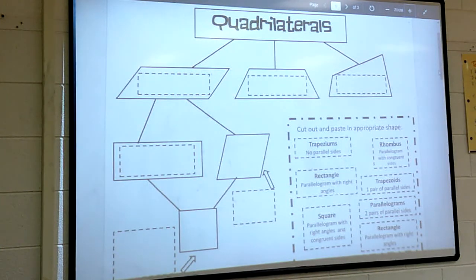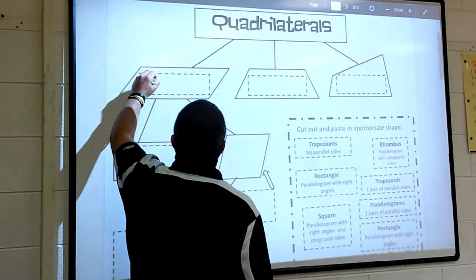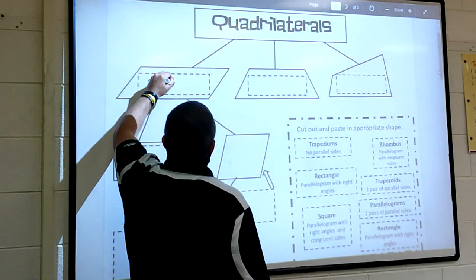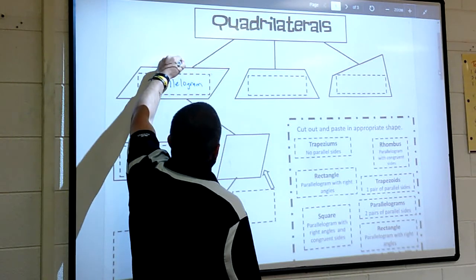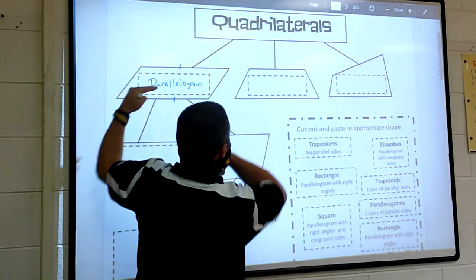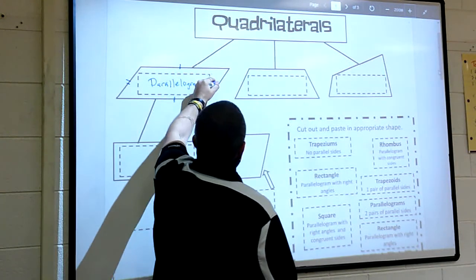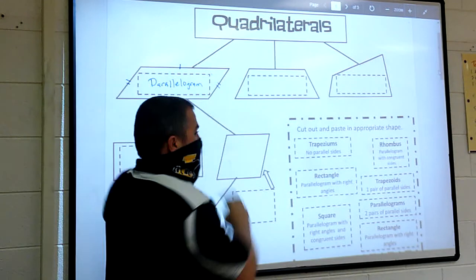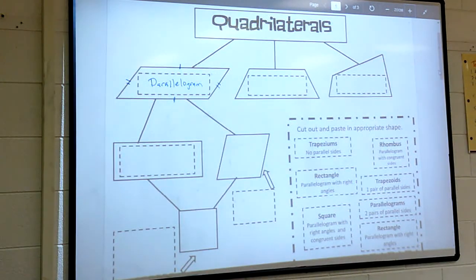Parallelogram just means you have 2 pairs of parallel sides. If you notice, this right here and this right here are parallel, they go in the same direction. And then this here and this here are parallel, they're going in the same direction. So that's what makes that a parallelogram. It's 2 pairs of parallel sides.